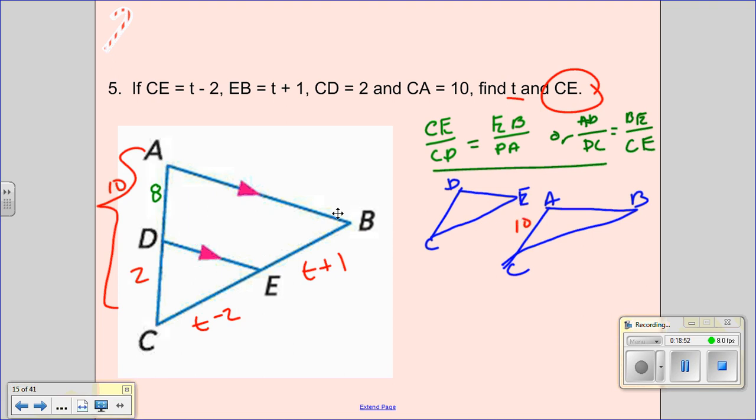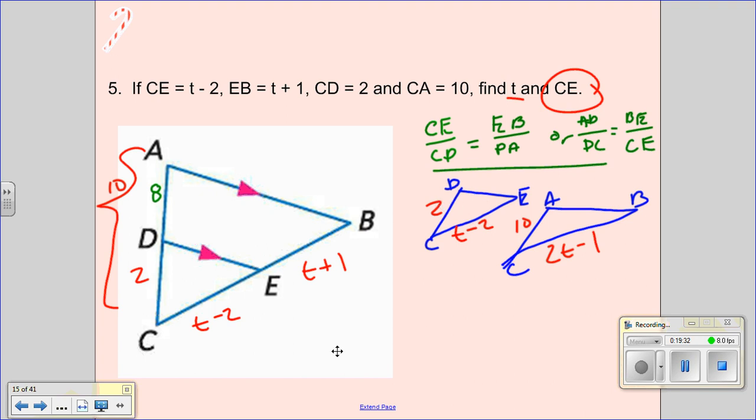We know that CD is 2. CE is t minus 2. And then BC would be these two sides combined. So 2t minus 1 to combine my like terms. So that's another proportion that you can set up.